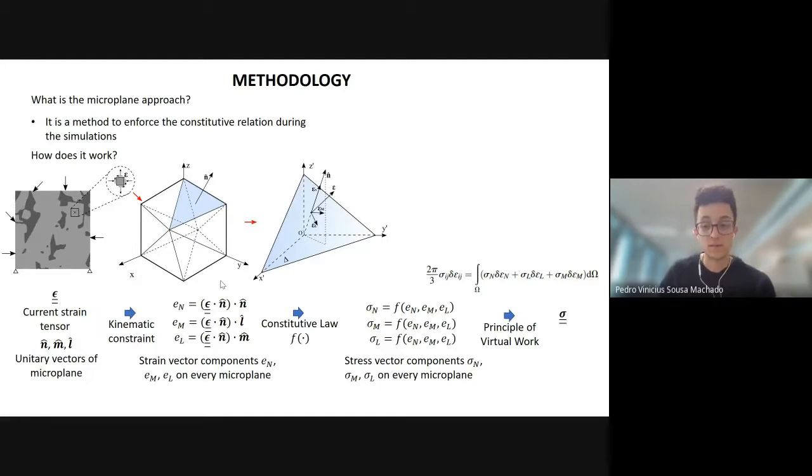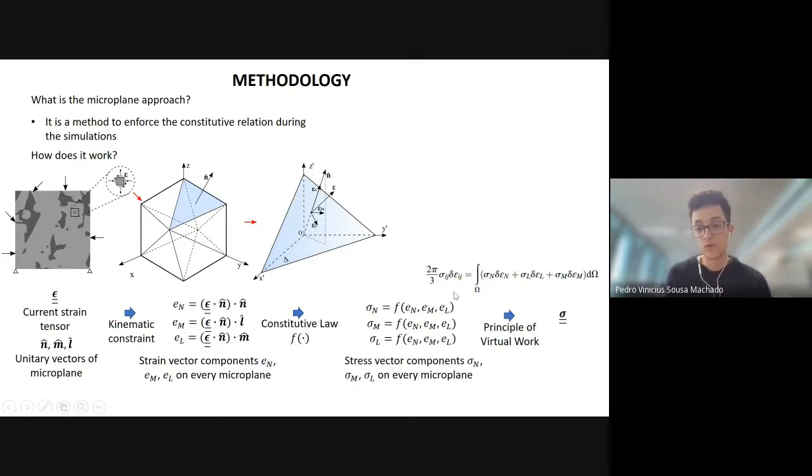The principle of virtual work is interesting because it connects what is happening on every single one of the planes, at every single direction that we are observing at this point, with the macroscopic stress tensor.